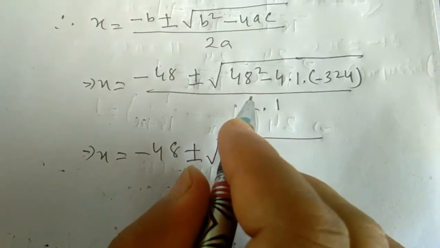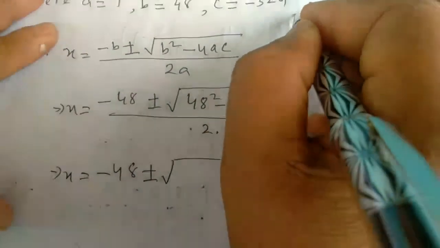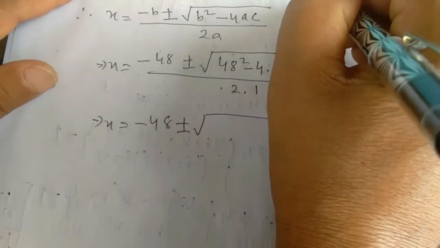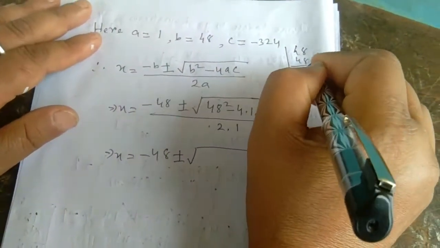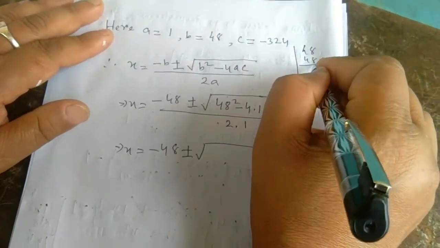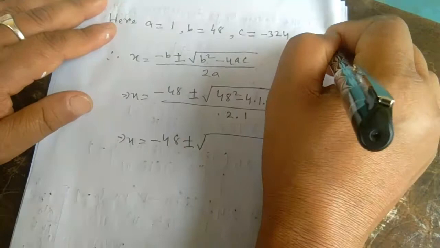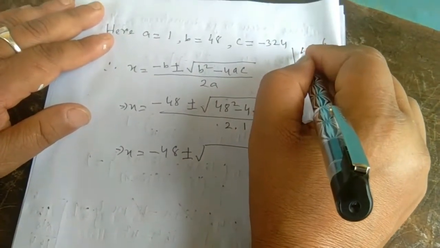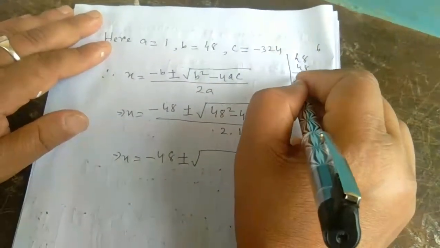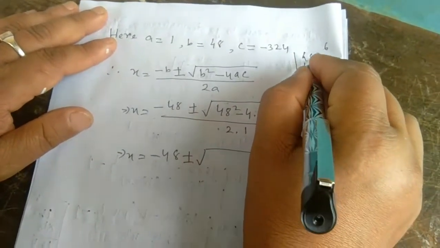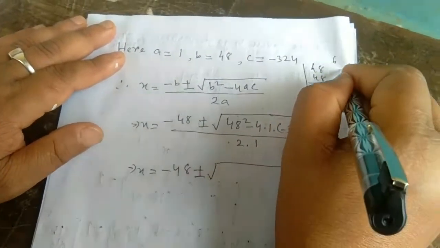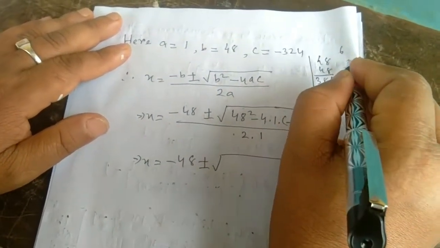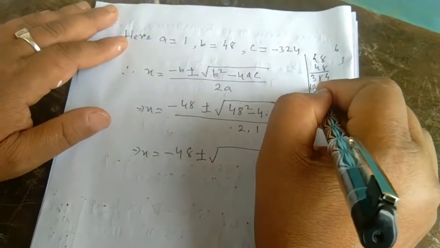Okay, what will we get for 48 into 48? Let me show you here. Multiply it. 48 into 48: 8 8s are 64, 4 in hand and 6. 8 4s are 32, 32 plus 6 is 38, 4 in hand. 4 8s are 32, plus 4 is 36, 3 in hand. 4 4s are 16, 16 plus 3 is 19.